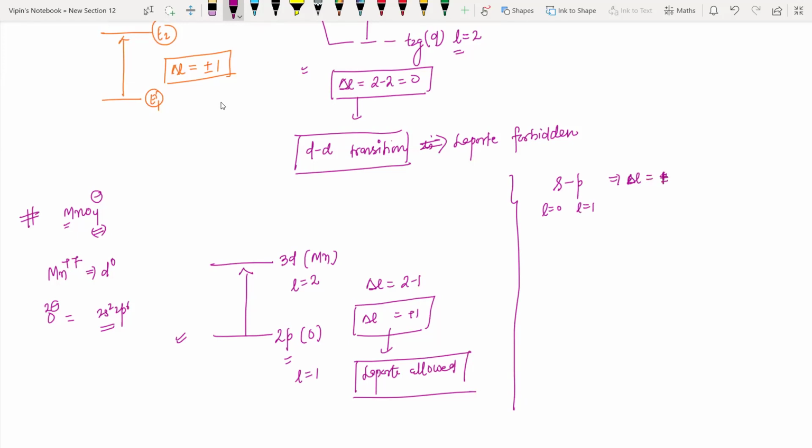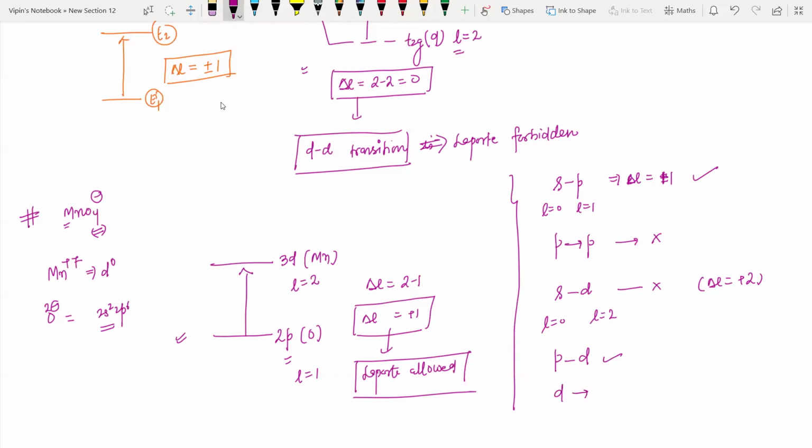This is plus 1. It means this is Laporte allowed. Similarly, P to P, no, it is Laporte forbidden. S to D, no, it is Laporte forbidden, because the difference delta L is plus 2, L equal to 0, L equal to 2, right? Similarly, P to D, yes, allowed.